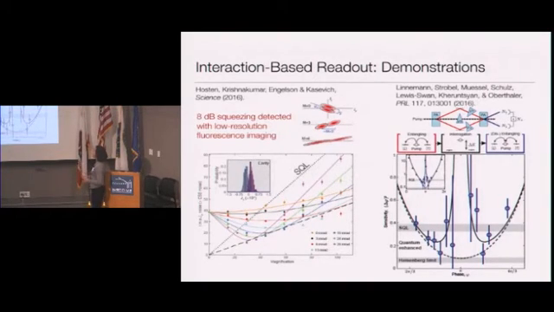And at the level of working with spin squeezed states, they were in fact able to detect something that was 8 dB squeezed, 8 dB beyond the standard quantum limit, even with low resolution fluorescence imaging that could not have otherwise detected the quantum noise. And so this is a really exciting application of this general approach of interaction-based readout.